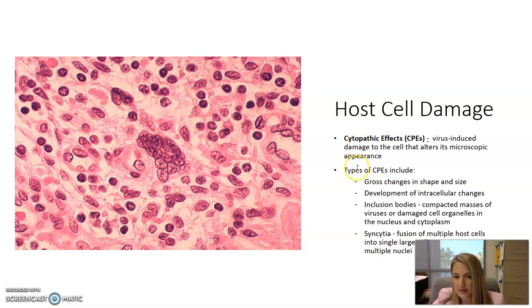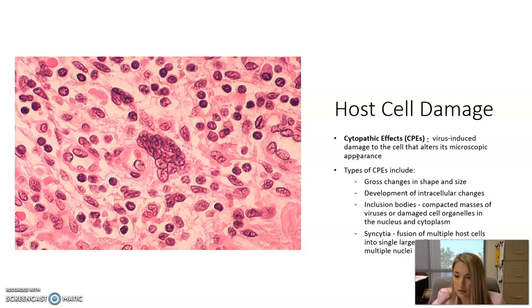But sometimes the cell's size or shape may change. So for example, if a cell is infected with 1 million viruses, it often will appear larger. It's expanding to accommodate all the new viruses. So often the cell's size can change considerably. As the virus infects the host cell, it does create some damage to the internal organelles, like the nucleus and the Golgi apparatus.